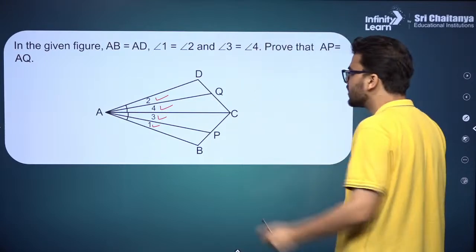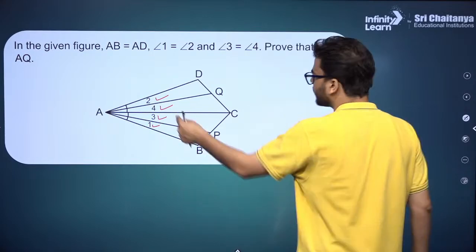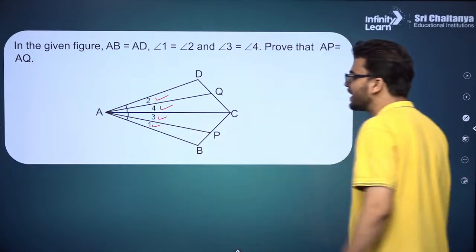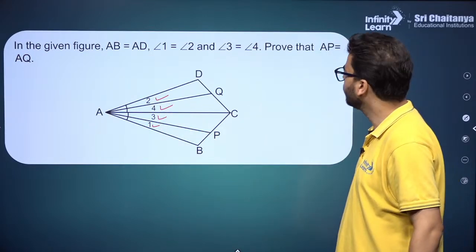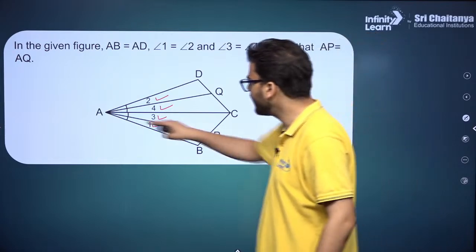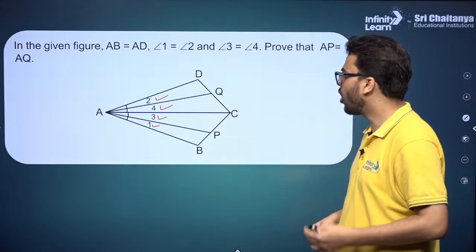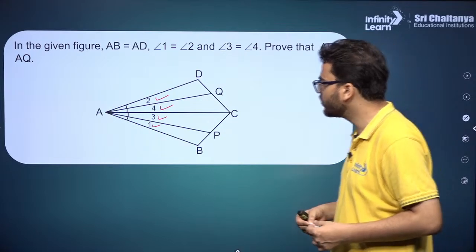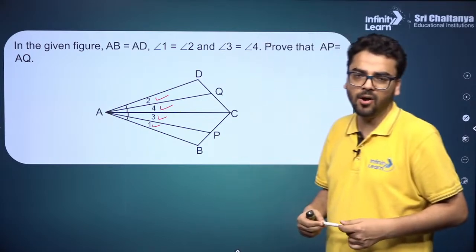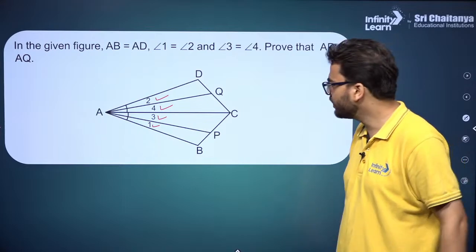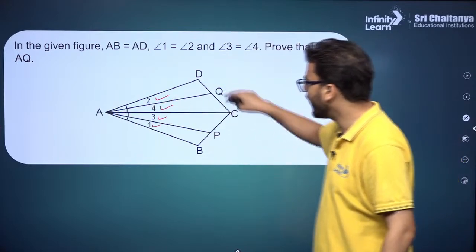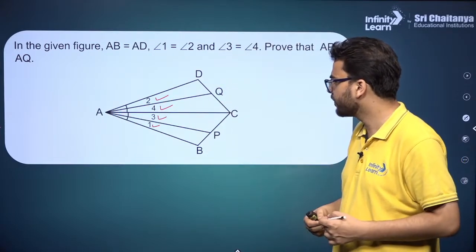So angle 1 is equal to angle 2 is given to you, angle 3 is equal to angle 4 is given to you. Now you have to prove that AP is equal to AQ. So how can we prove them to be equal, guys? Can you tell that? How can we prove them to be equal in this question? AP is equal to AQ we have to prove over here.